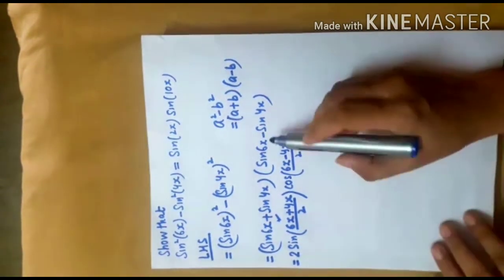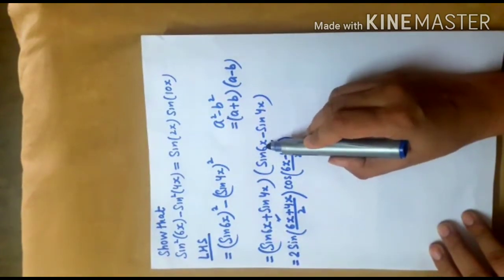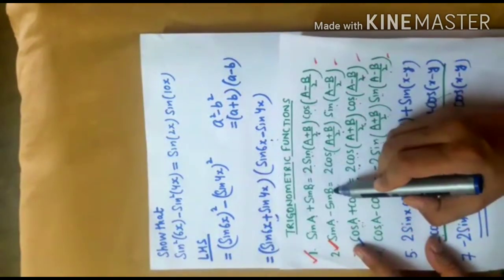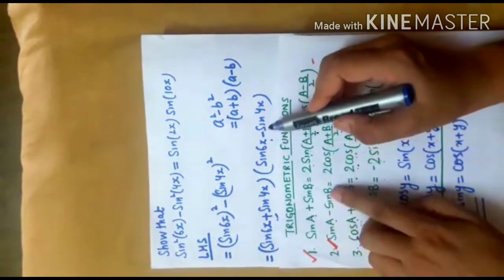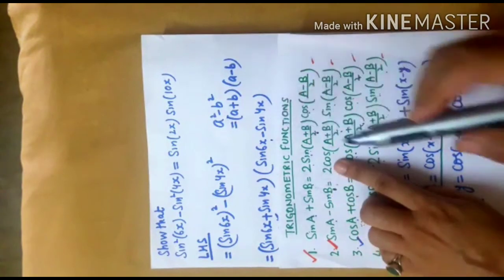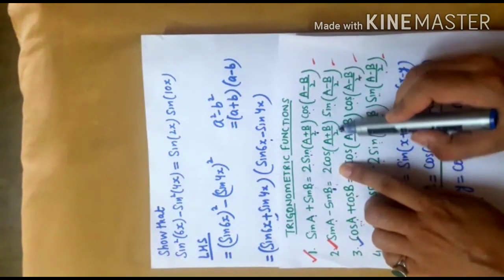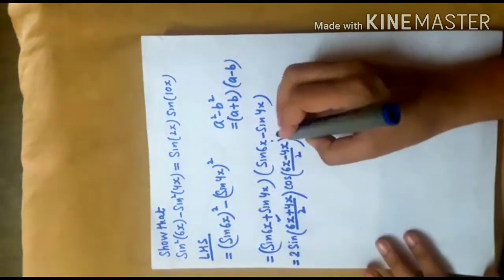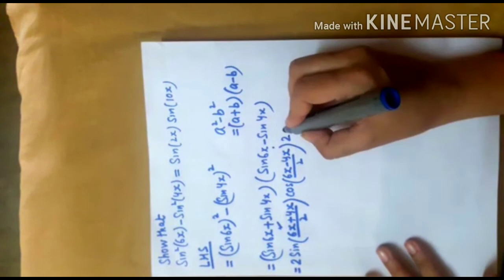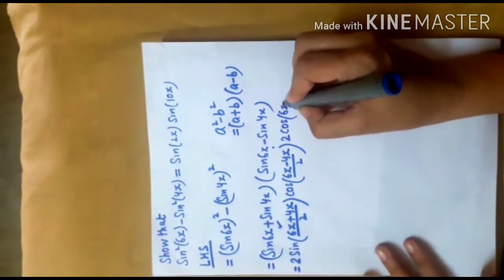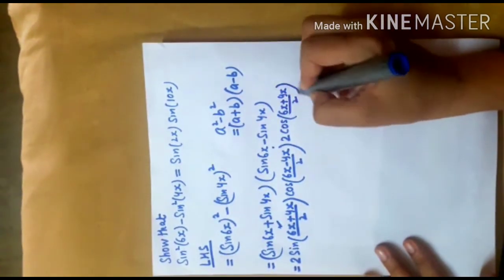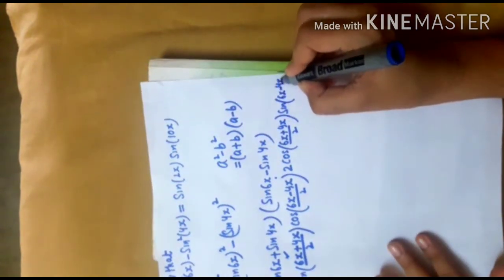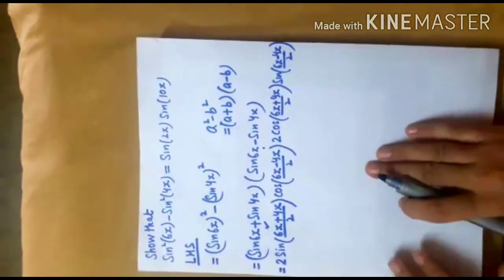Now similarly, this is of the form sin A minus sin B. Look at this form: sin A minus sin B. A is 6x and B is 4x, and it is equal to 2 cos of A plus B by 2 sin of A minus B by 2. So on applying the identity, I'll get 2 cos of 6x plus 4x by 2 into sin of 6x minus 4x by 2, right?